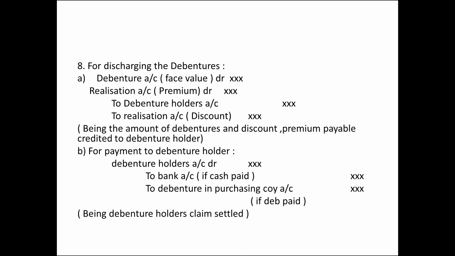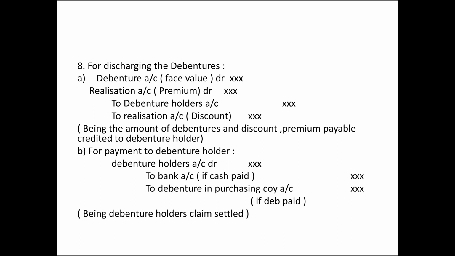The entry is debentures account debit to debenture holders account, right? This is the due entry, right? Here I have given realization on the debit side and realization on the credit side also. When you are additionally paying the debenture holders, in that case there is a premium, and the entry will be debenture account and realization account debit to debenture holders.